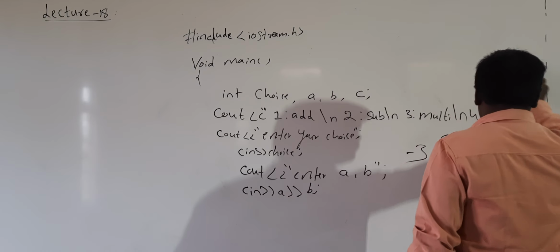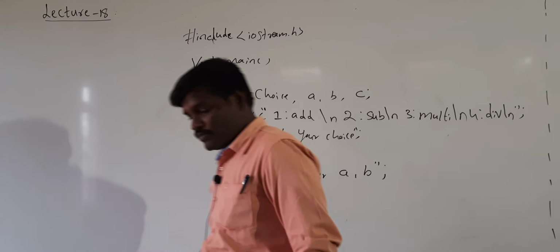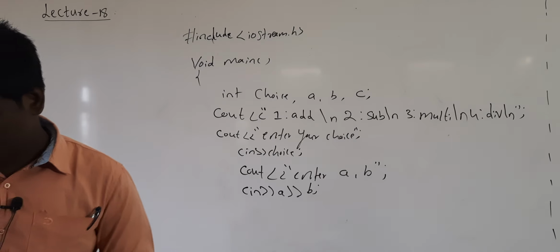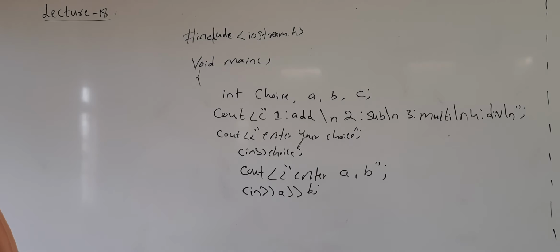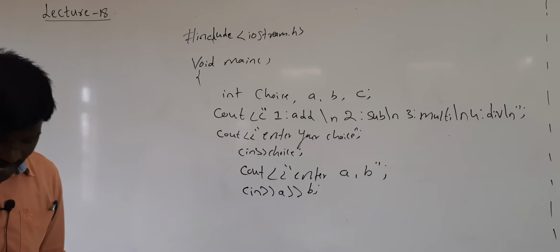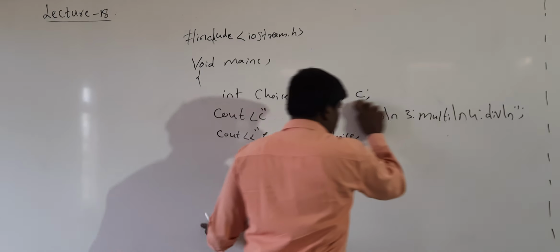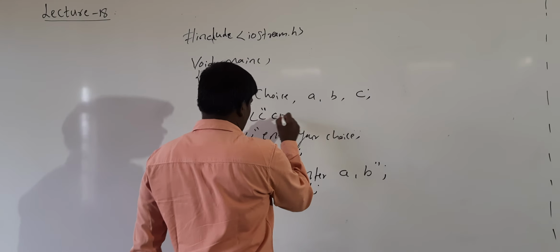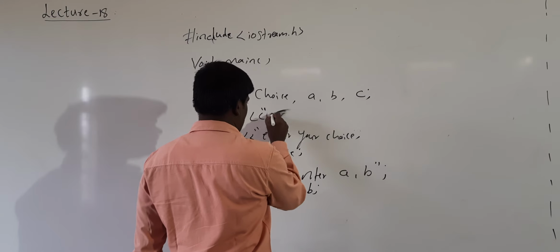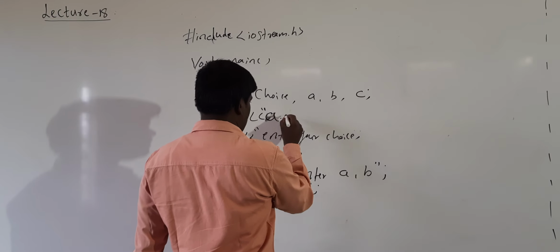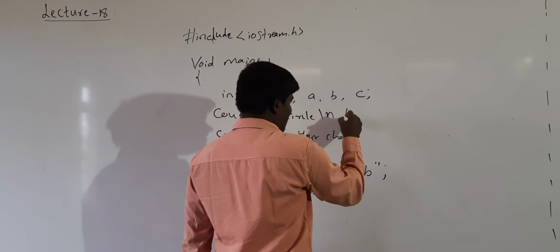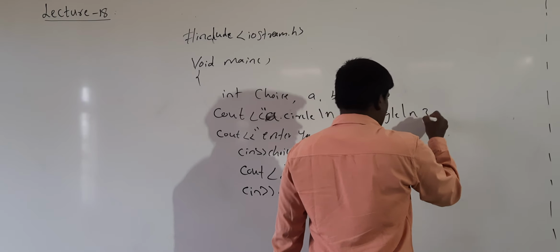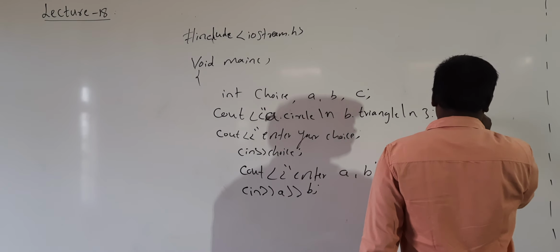So another example, that is area of circle, area of triangle, and rectangle. See here, first option, here I have to take A, B, C. A circle backslash n, B triangle, C rectangle.